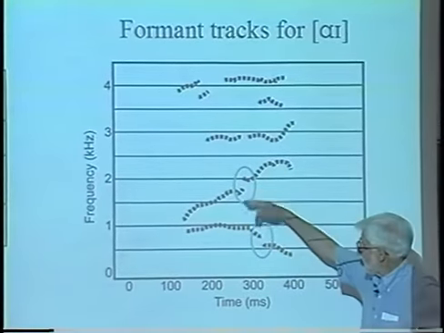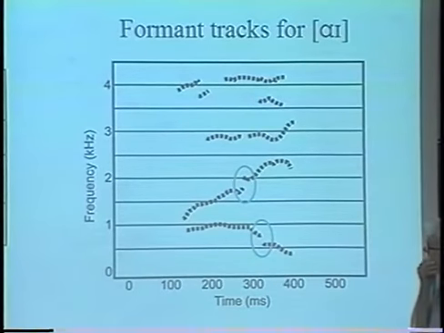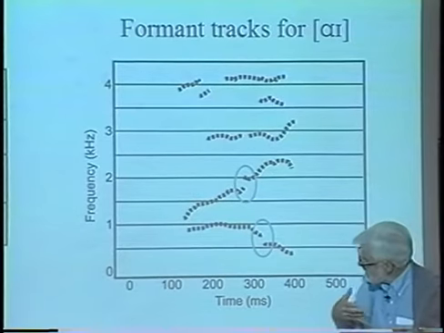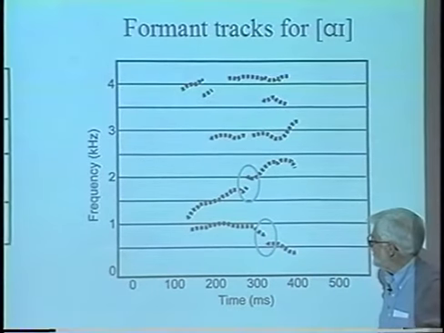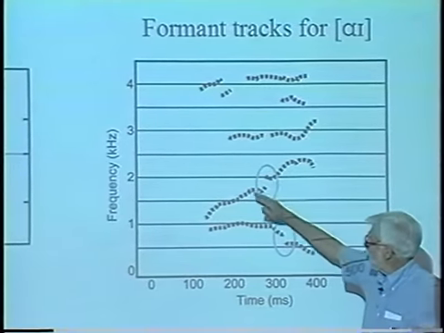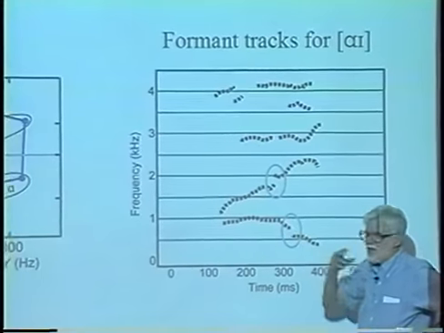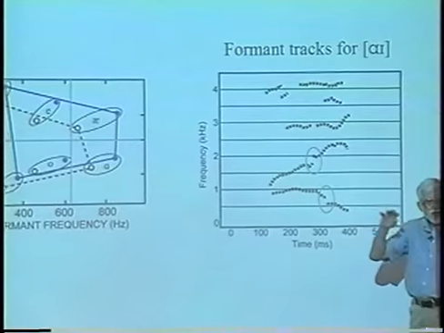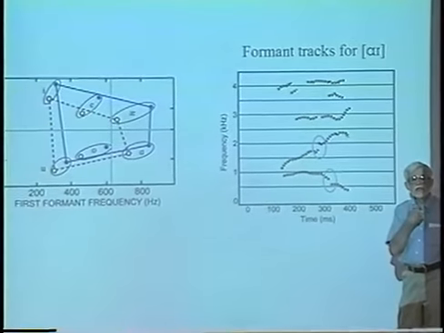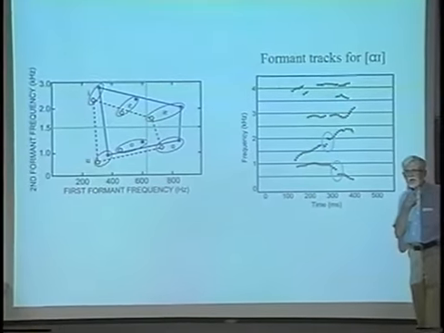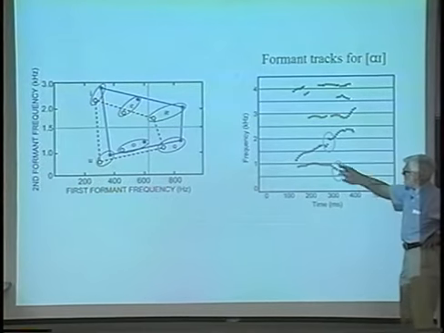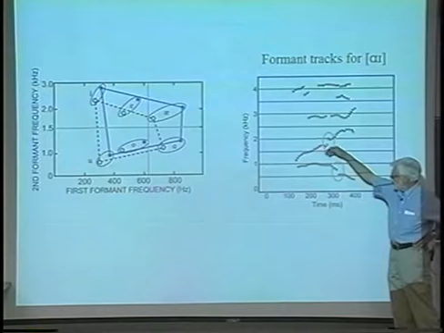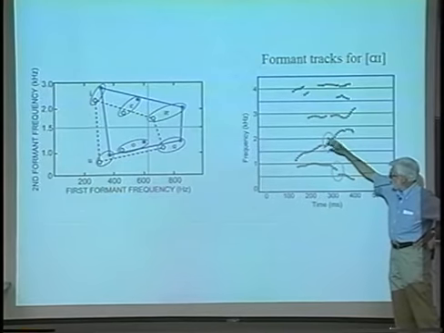This is the second formant. Based on some additional data that some of my students have, this happens at a time when the formant, that is the natural frequency of the vocal tract, passes through the natural frequency of the subglottal system. For the subglottal system it's somewhere around, depending on the speaker, anywhere from 1500 to 1800 hertz.